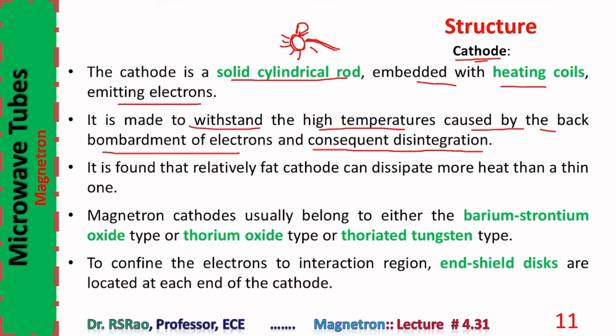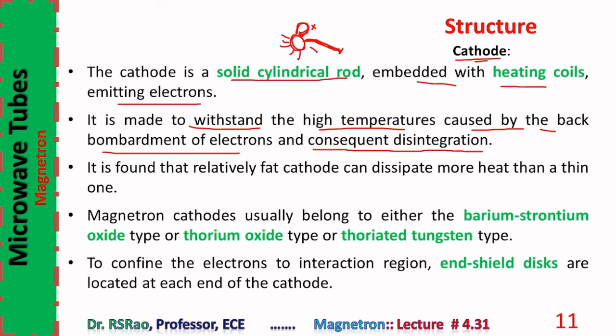Another, they move and reach anode. We are going to see soon the electrons which return back to cathode. These are waste electrons. These are no way useful in developing the signal in the device. Only the electrons which move to anode, while moving to anode, they transfer energy to the RF field, strengthening it, developing it to large amplitude. So therefore, these electrons are only useful electrons.